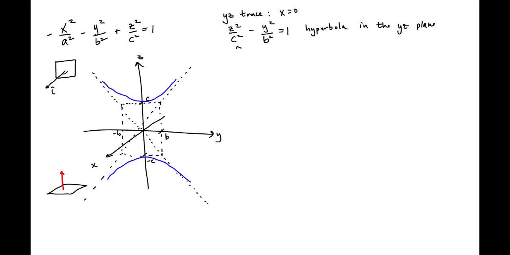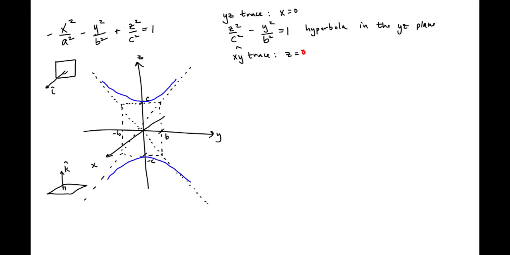So this trace will be the xy trace, and that trace is formed from the line of intersection of a plane that's parallel to the xy plane and our surface. That plane that is parallel to the xy plane has a normal vector that is in the positive z direction. So our xy trace is found by taking the plane described by the equation z equals 0 and intersecting our shape. So let's intersect our shape at z equals 0.